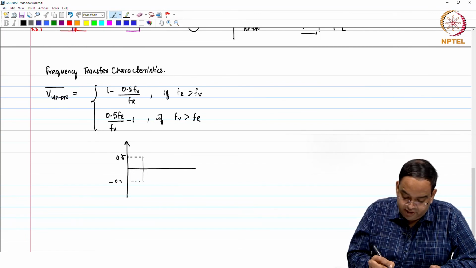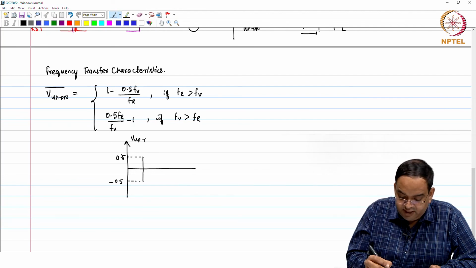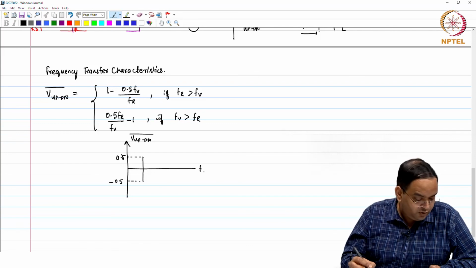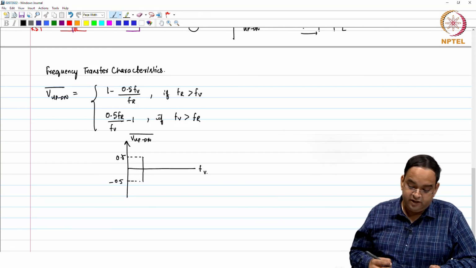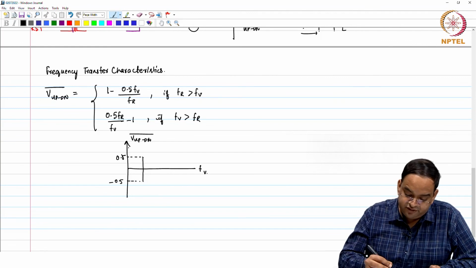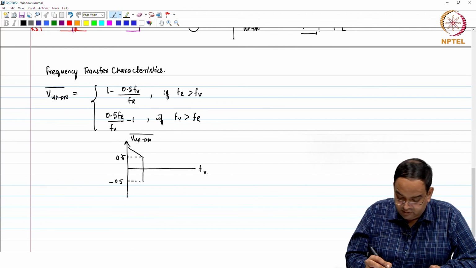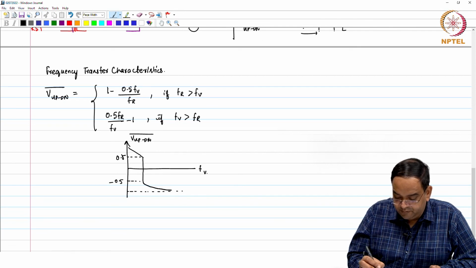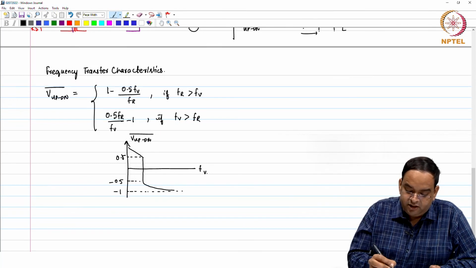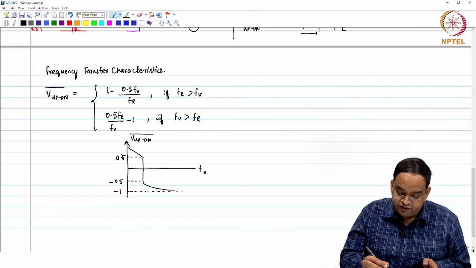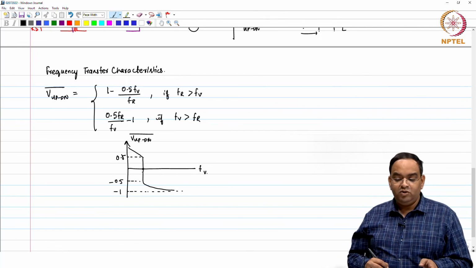So, what I am plotting here is V of up minus down average with respect to the frequency, the FV here. Okay. So, FR is the reference which is fixed, and this particular value asymptotically reaches minus 1. Okay. At this node you have FR equal to FV.